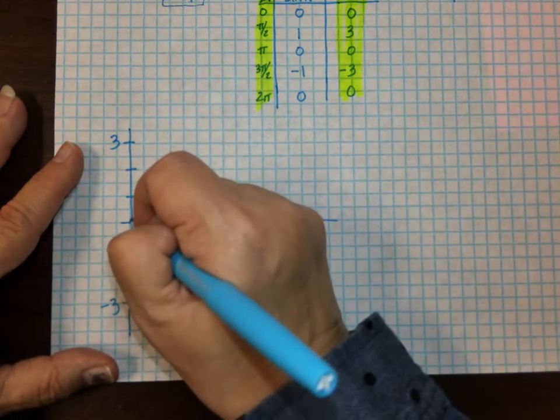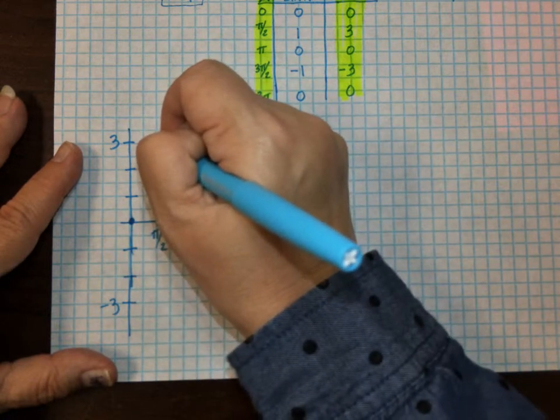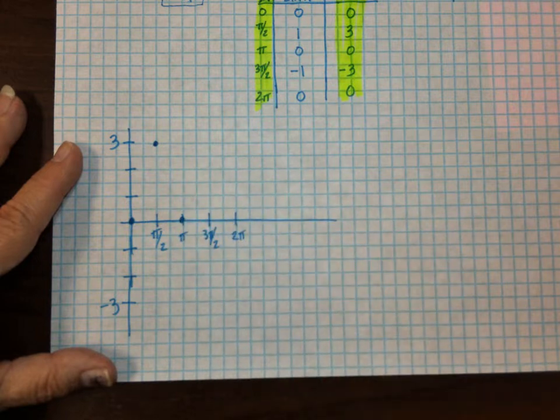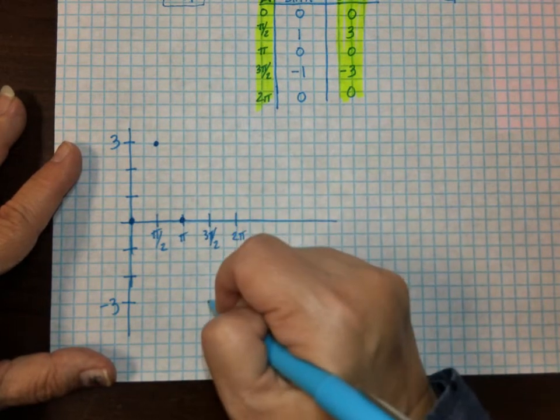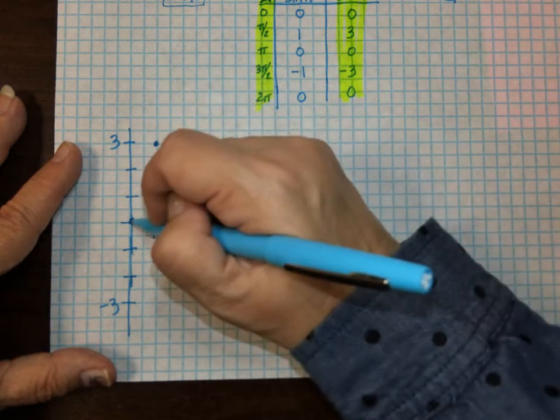So I went through 0, 0. At pi over 2, my graph goes all the way up to 3. At pi, I'm at 0. At 3 pi over 2, I'm down to negative 3. And at 2 pi, I'm back to 0.